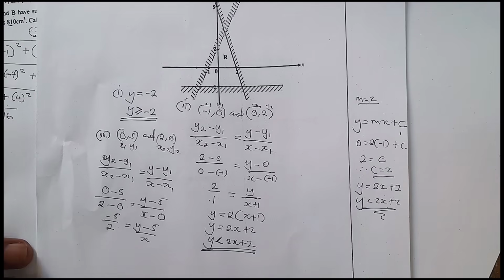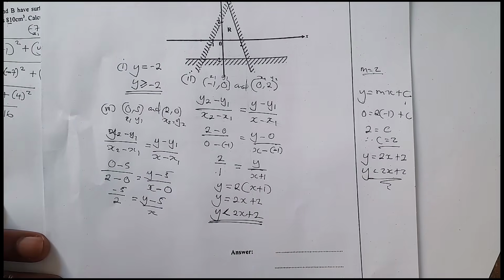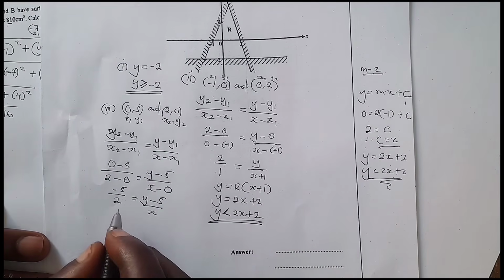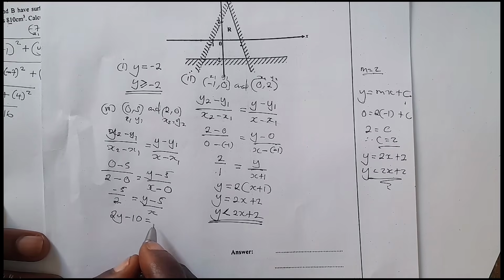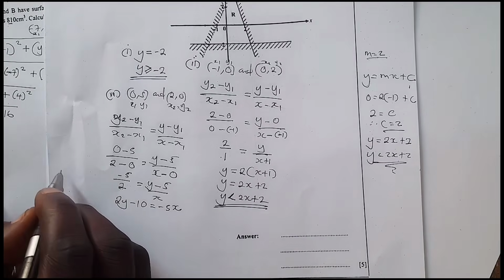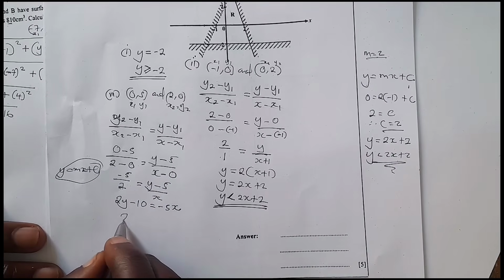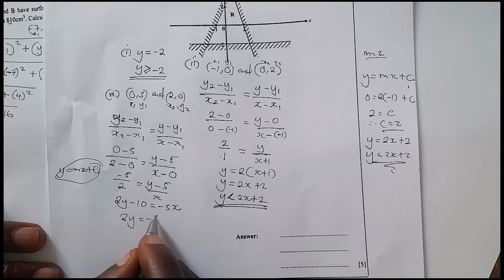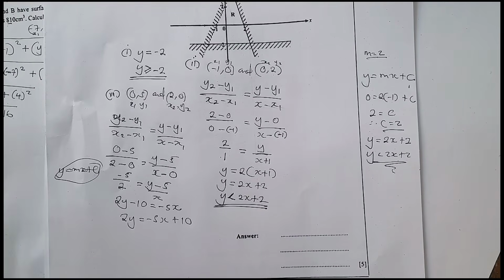Because x minus 0 is just x. Are we together? And we cross multiply. So this times this, 2 times y, 2 times -5 is equal to -5 times x, -5x, right? Okay, now let's just leave it in the form of y is equal to mx plus c. Okay, so here we're going to remain with 2y is equal to -5x plus 10. Are we together? Yes. Plus 10, right?